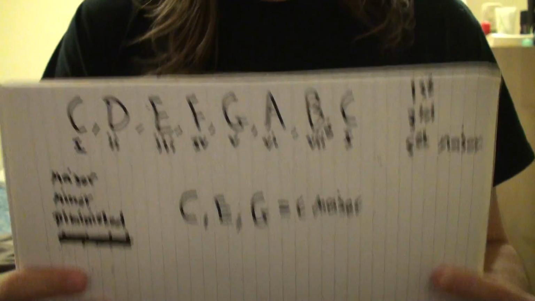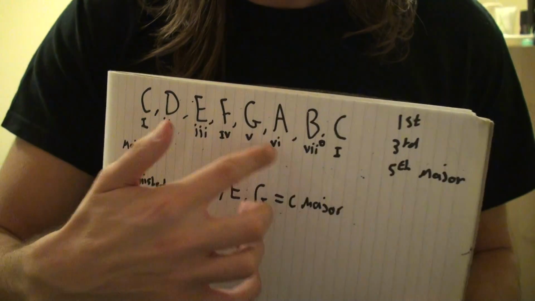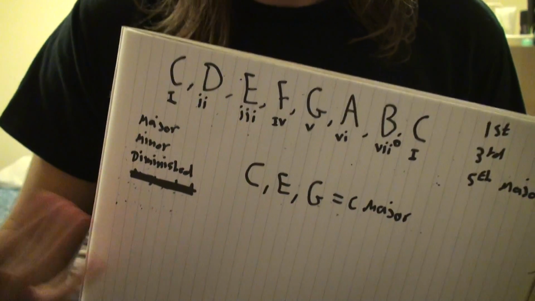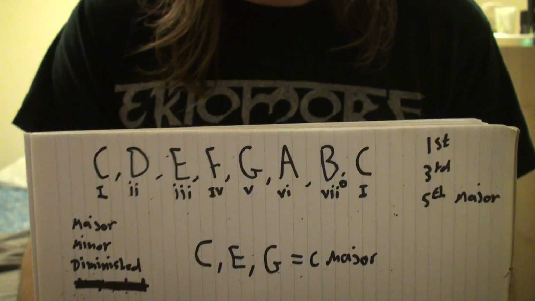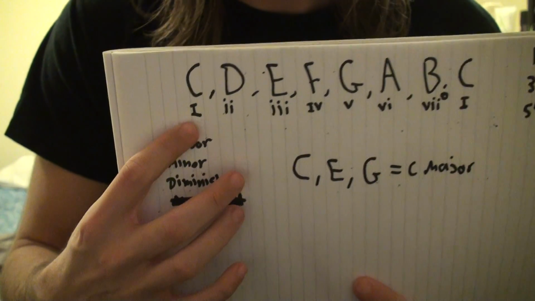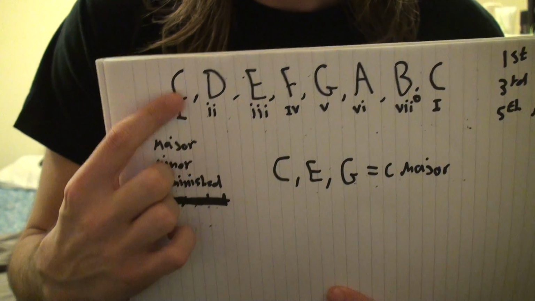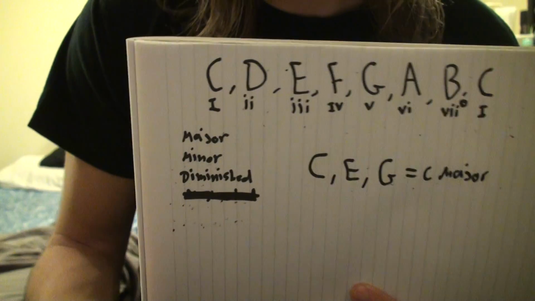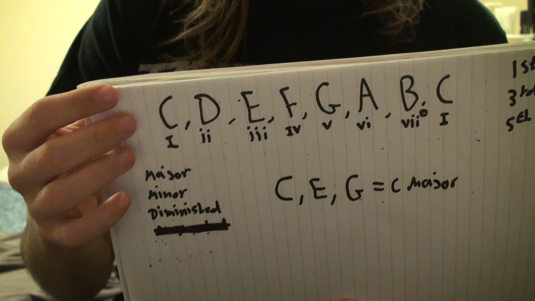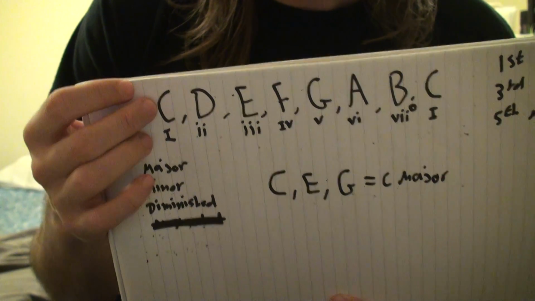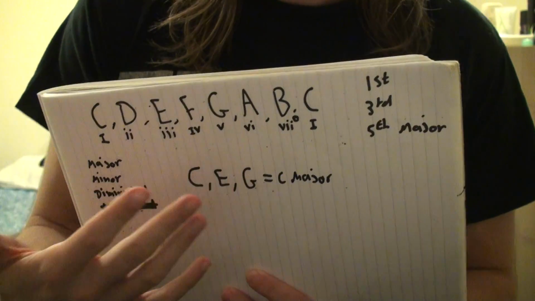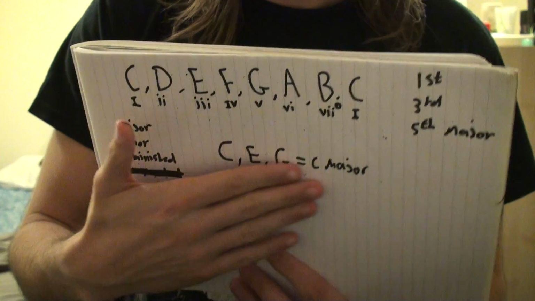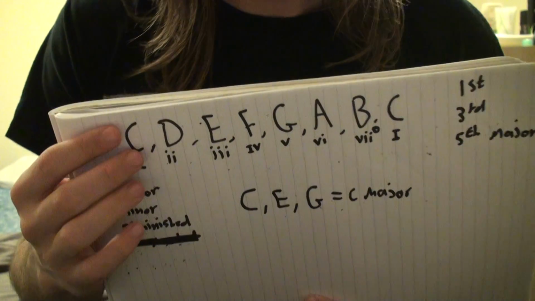So here it's capitalized, so if you work out the first, third, and fifth interval in C major, you end up with C major, which is what we have here.